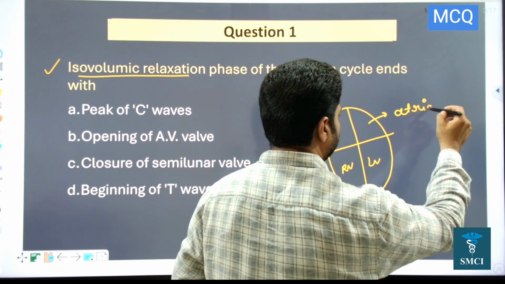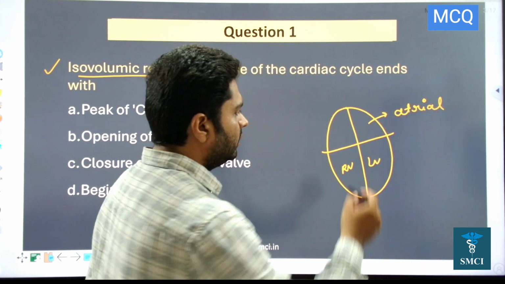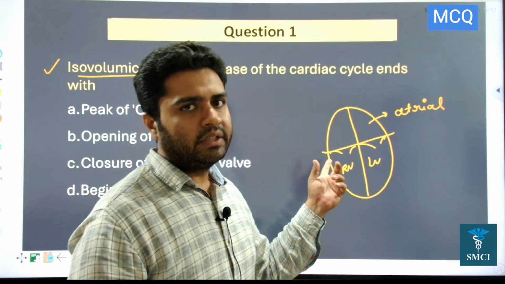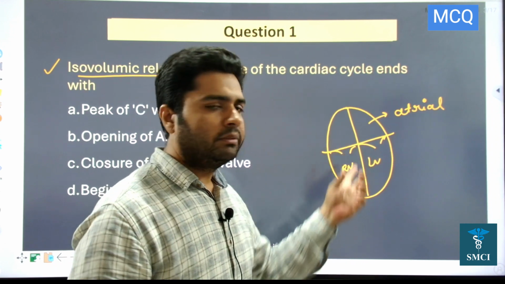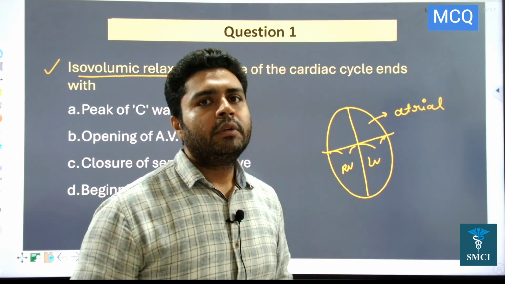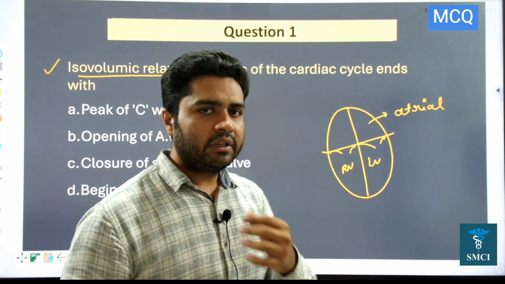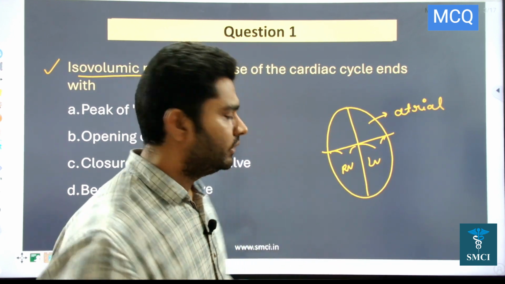As soon as it falls below the atrial pressure, these valves open up: on the right side the tricuspid, and on the left side the mitral valve. Both open up and the blood starts coming into the left and right ventricles, and the isovolumetric relaxation phase ends.